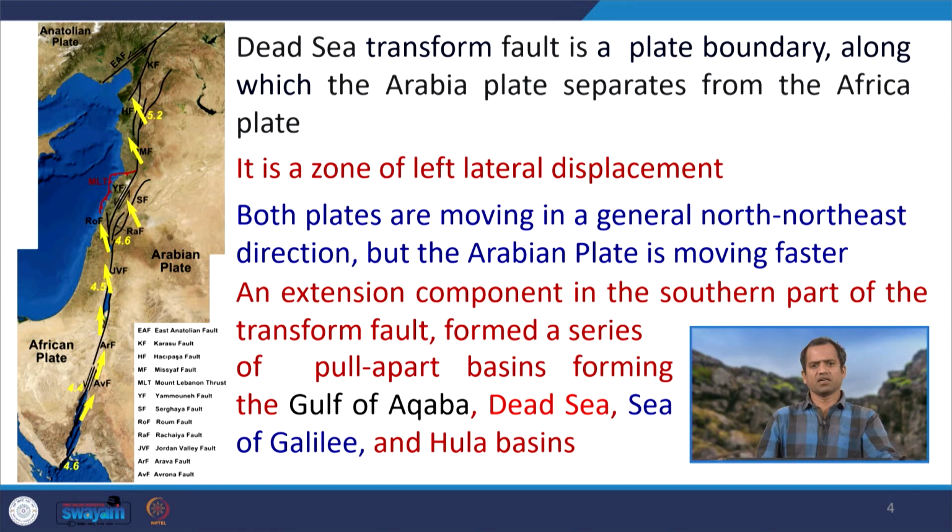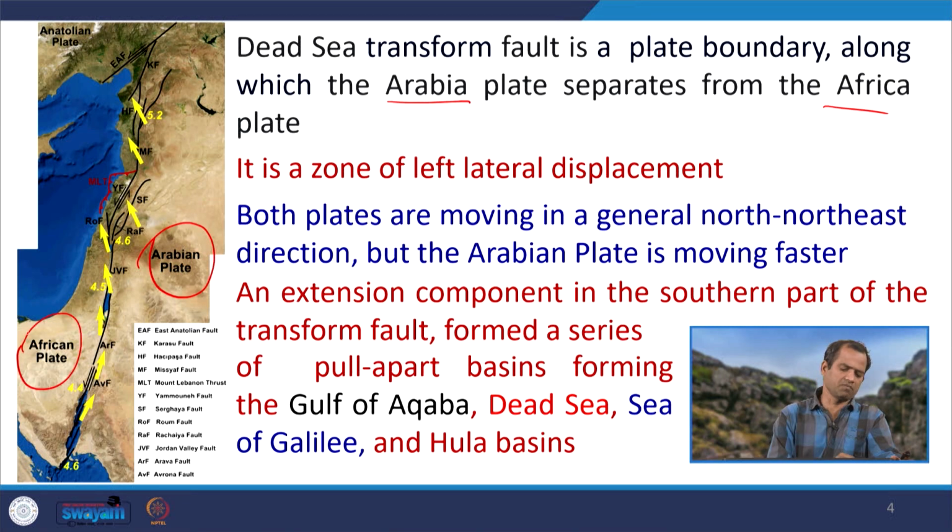Now, the Dead Sea transform fault is a plate boundary separating the African plate from the Arabian plate. This is the Arabian plate and this is the African plate. These two plates are moving with respect to each other, and here we have the Red Sea and the East African Rift Valley on this side.